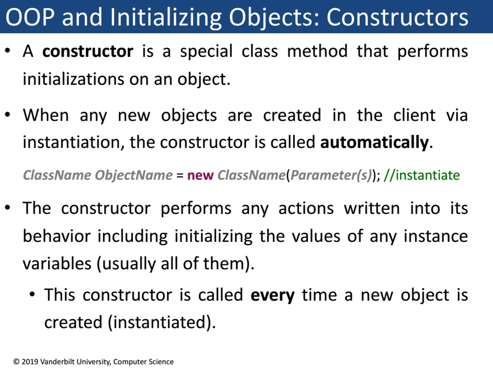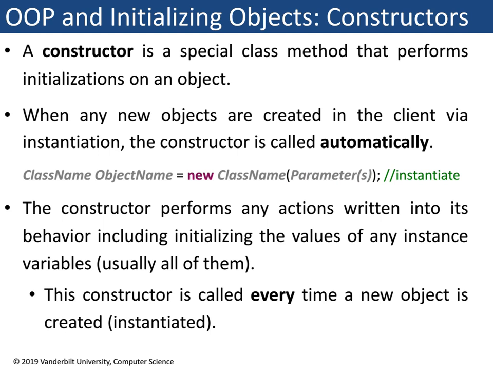And constructor calls always have this format. We have some class name and a reference variable of that type, and we assign it a new object of the class name type, and we give whatever parameters we want to this class name.